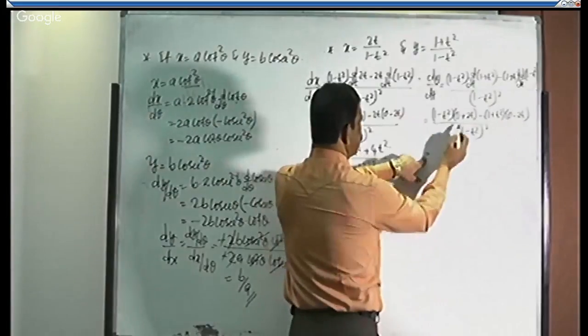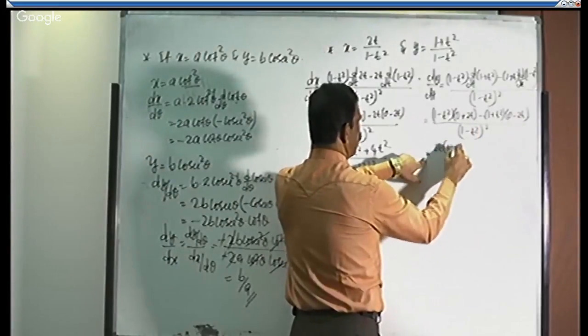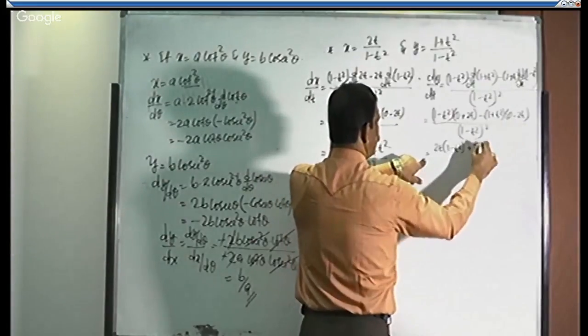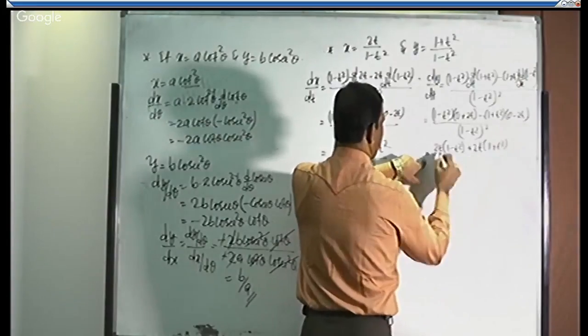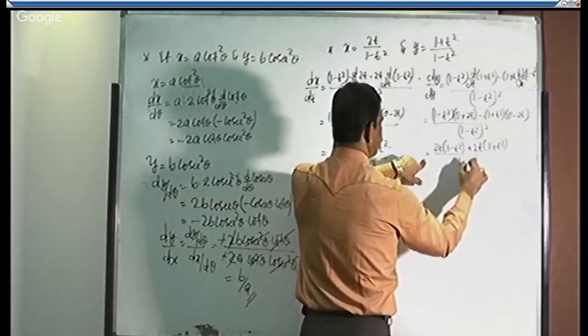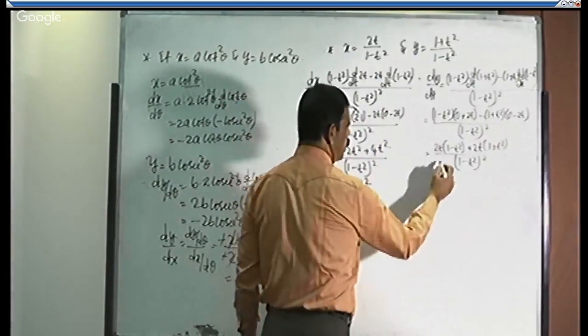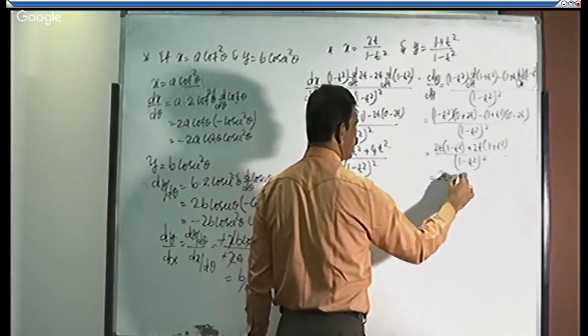Or it is equal to 0 plus 2t, that is 2t into 1 minus t square, minus into minus plus 2t into 1 plus t square, divided by 1 minus t square whole square. Remove the bracket. 2t into 1, 2t, minus 2t into t square, 2t cube.